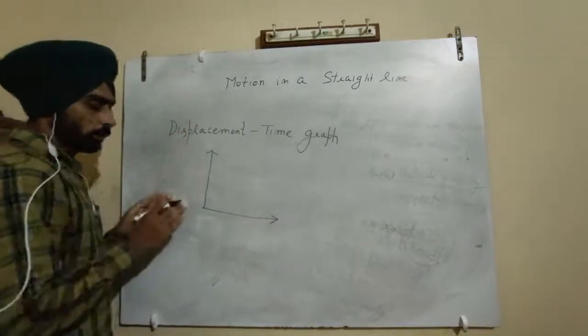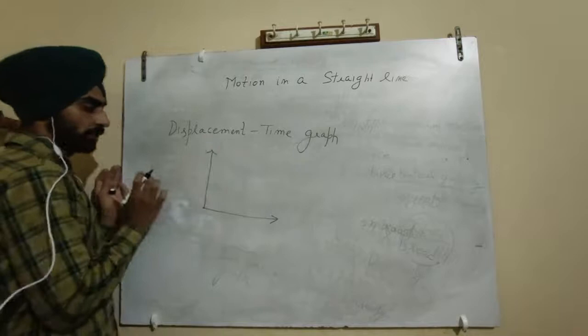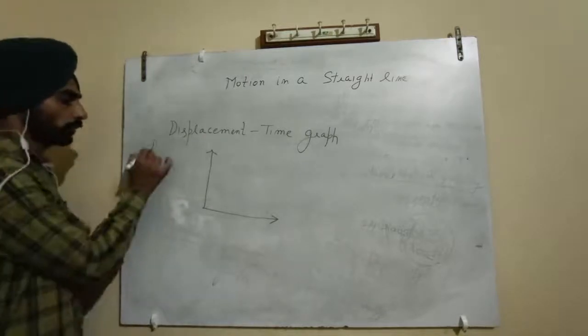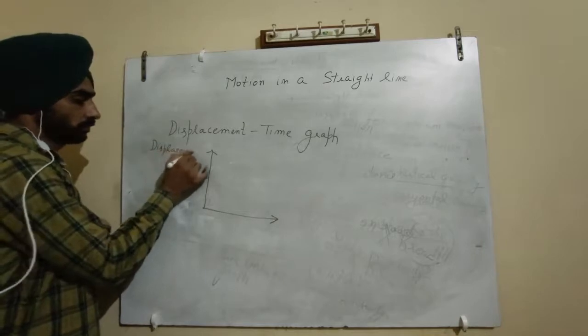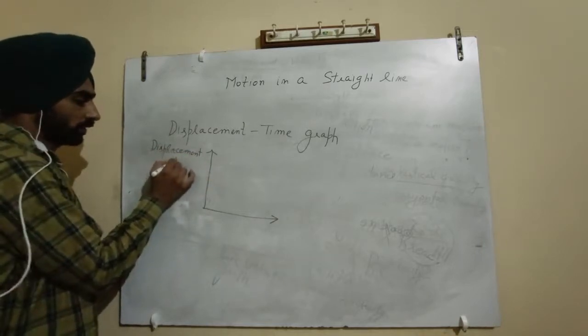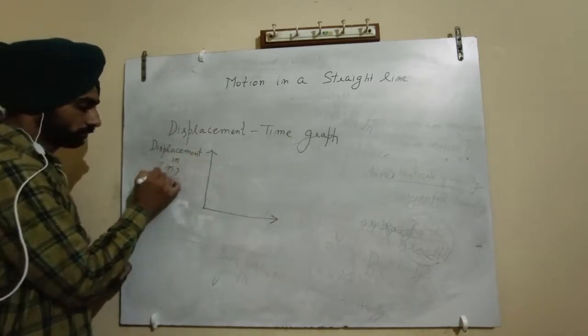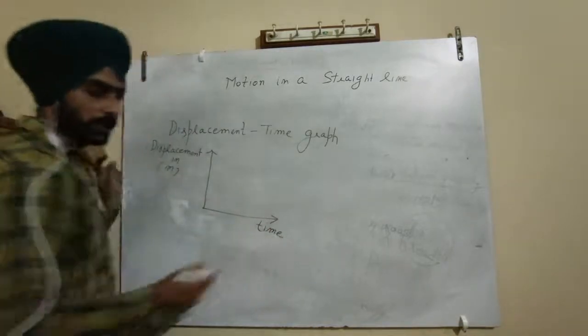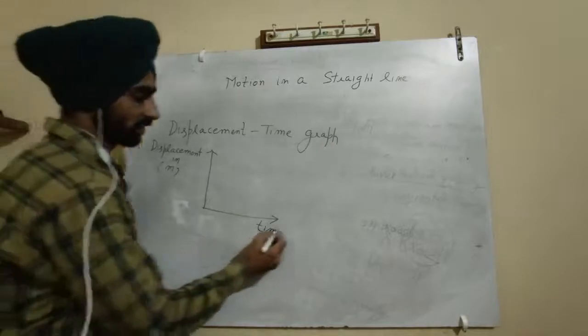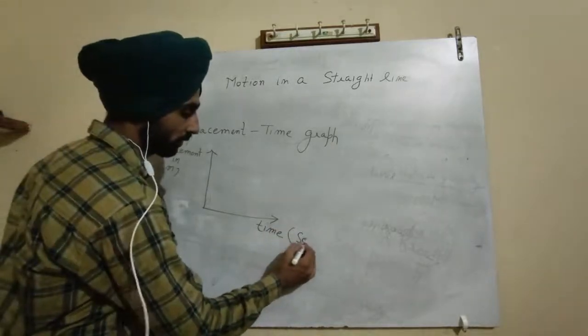Displacement is a dependent quantity, so you take it on the y-axis, and displacement is in meters. Time is an independent quantity, so you take time on the x-axis, and it is in seconds.